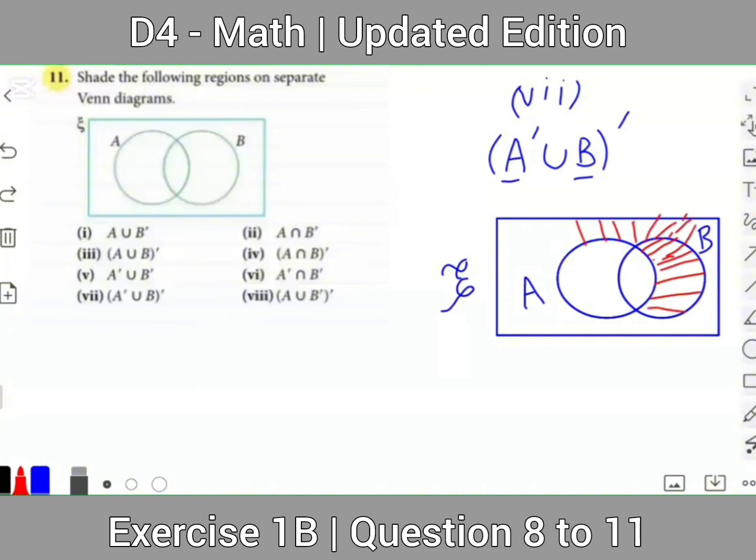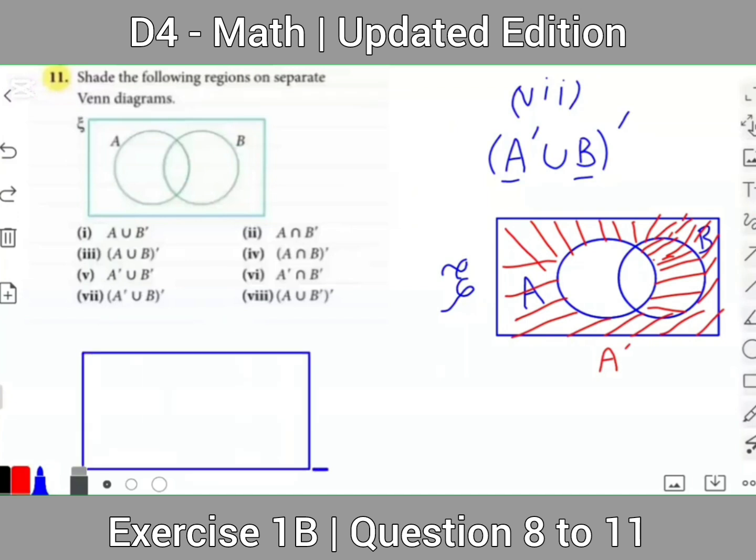So the region shaded in red represents the set A complement. Now for the set B, we will draw a rectangle that represents the universal set eta, and for this we will draw two overlapping circles inside the rectangle representing the sets A and B respectively.